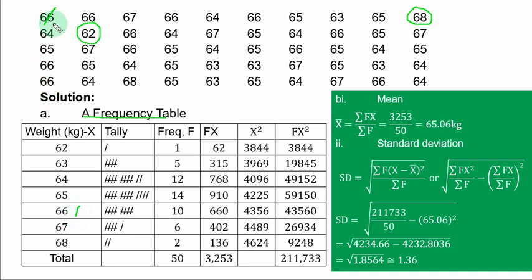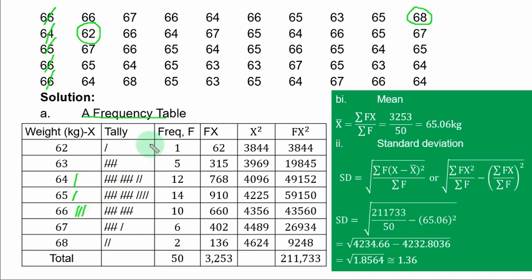The next one, 64, you strike it off and record it against 64, followed by 65, you record it against 65. You have 66, you record it against 66. You have 66 again, you record it against 66. You do that for all the data points.